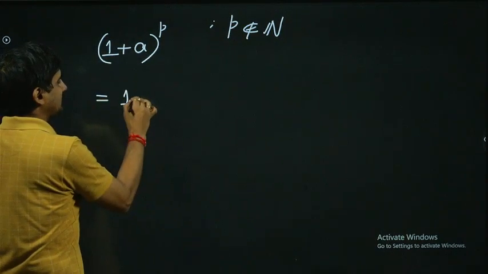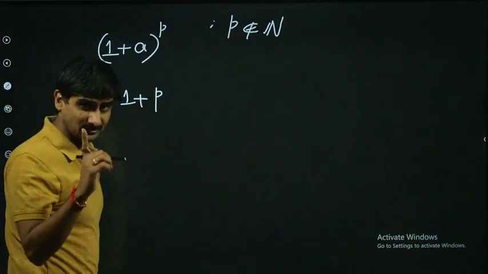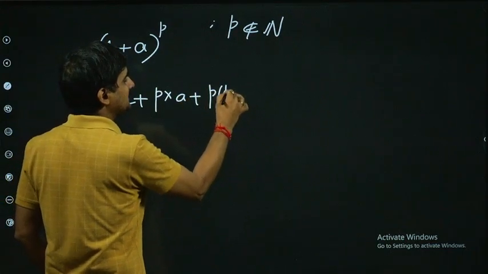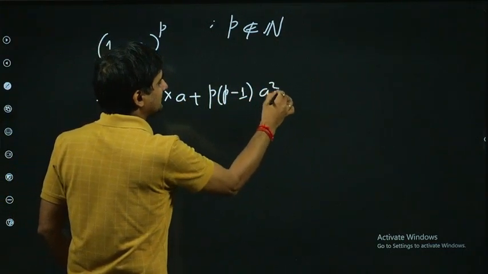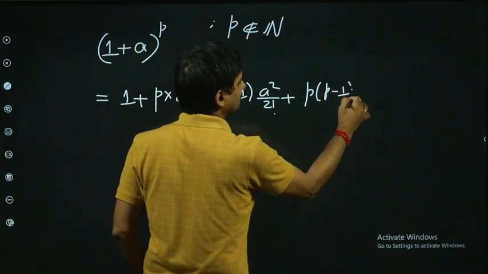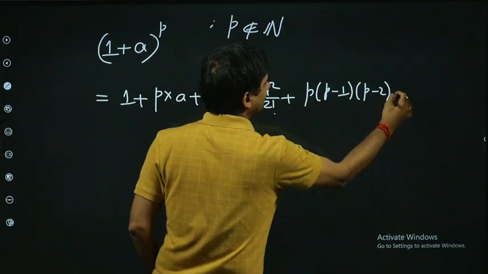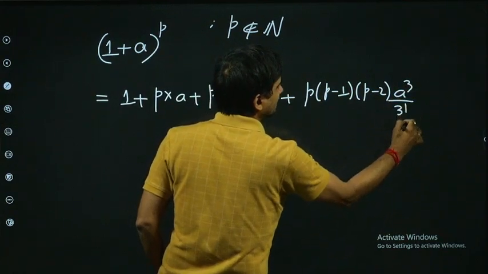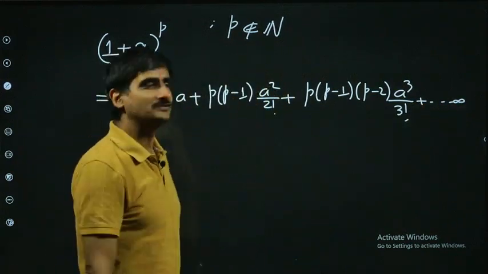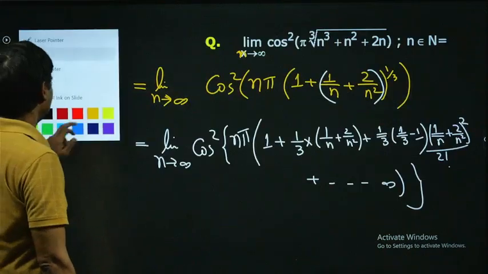So the formula is 1 plus a to the power p is 1 plus p a plus p into p minus 1 a square by 2 factorial plus p into p minus 1 into p minus 2, and so on. You can go on writing it till infinity. So that's what I use here, बच्चों.